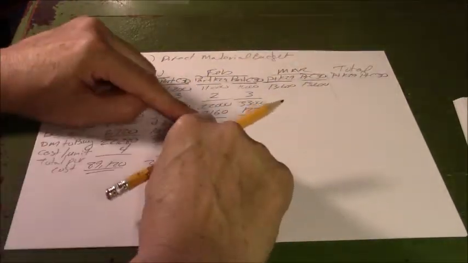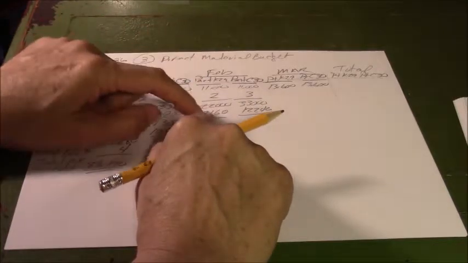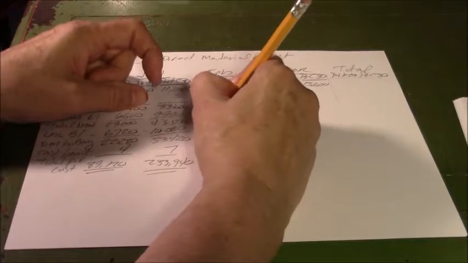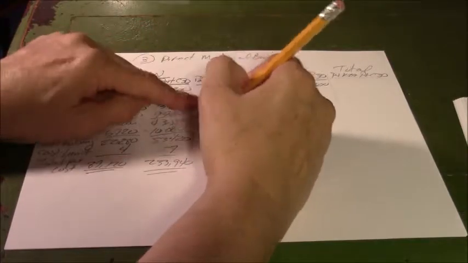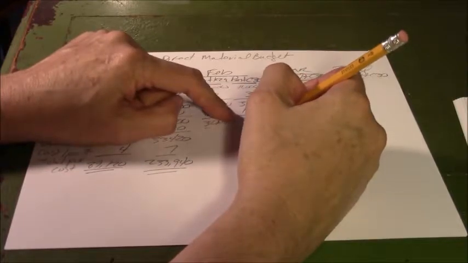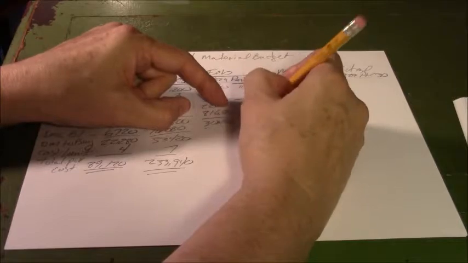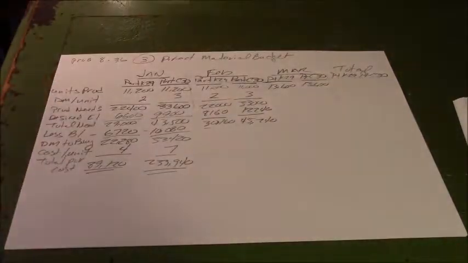Which means for the month of February, I'm going to take 22,000 plus 8,160. I need 30,160 of part 29, and I'm going to need 33,000 plus 12,240 equals 45,240 of part 30. So that's how many I need.